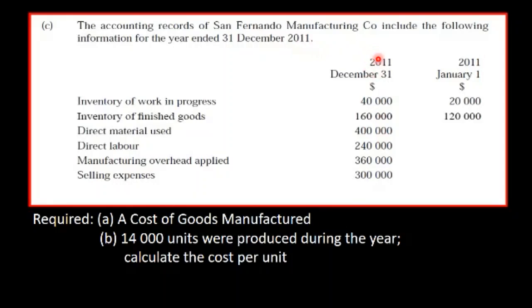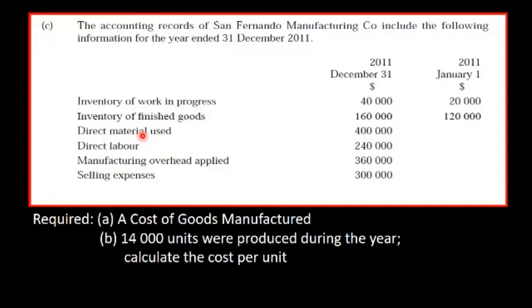The figures are here, and it's the beginning of the year, right? So at the beginning of the year, we have work in progress as usual, 20,000 and 40,000 at the end of the year. Our inventory of finished goods, okay, this is stock that has already been manufactured and in the warehouse. We have 120,000 at the 1st of January. At the end of the year, it's 160,000.